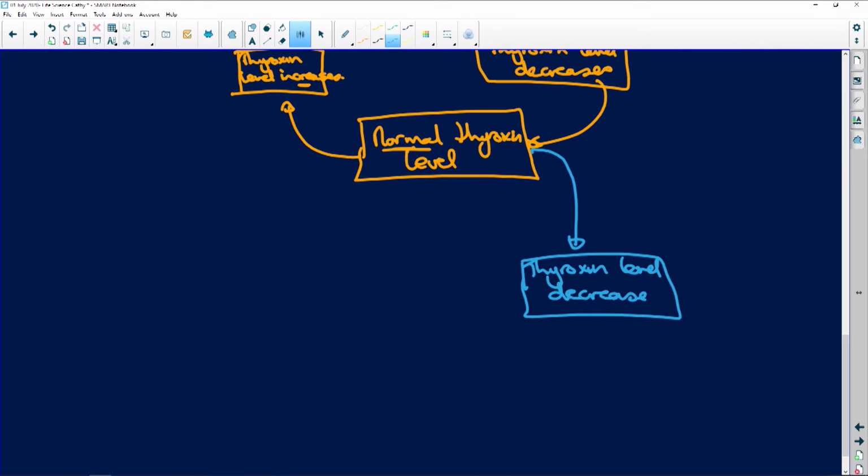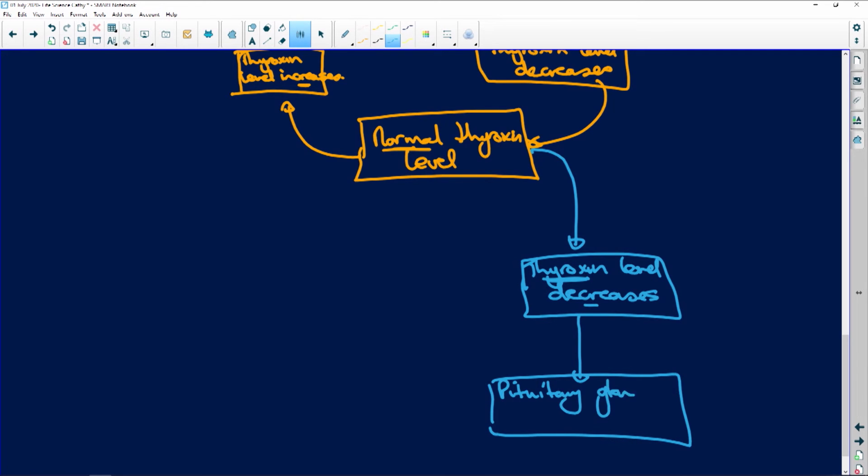It's decreased, okay? So it decreases, and what happens then? There's quite a little bit of thyroxine. It's low. So the pituitary gland releases more thyroid stimulating hormones. So what does that do? It's going to stimulate the thyroid.